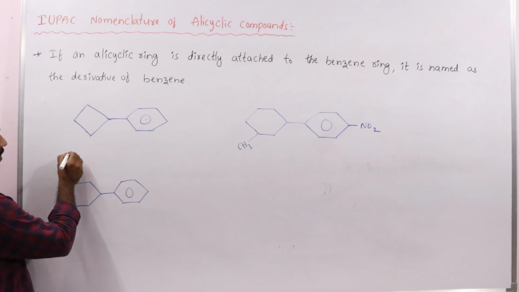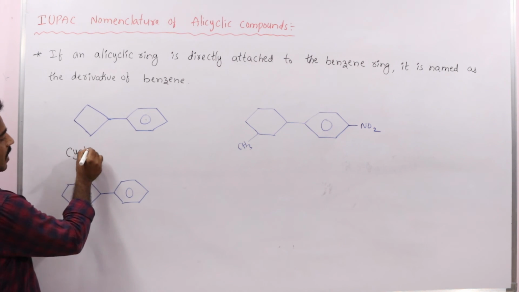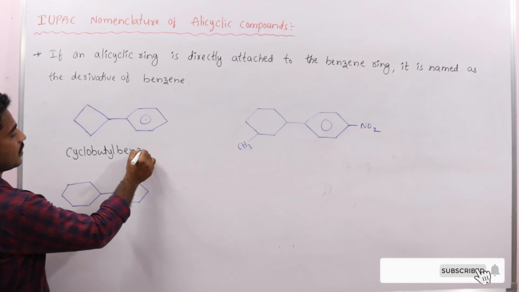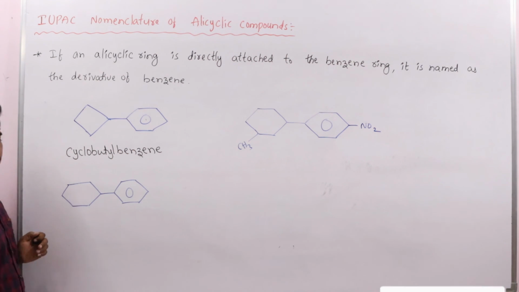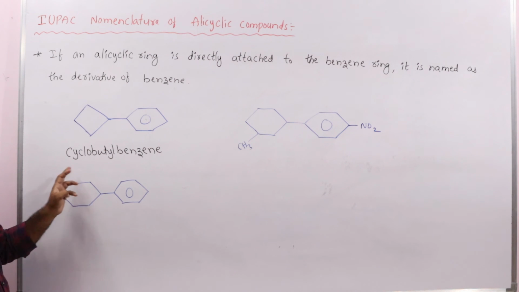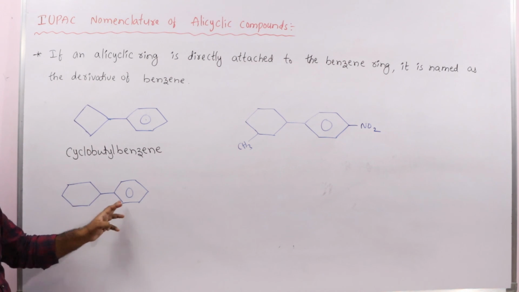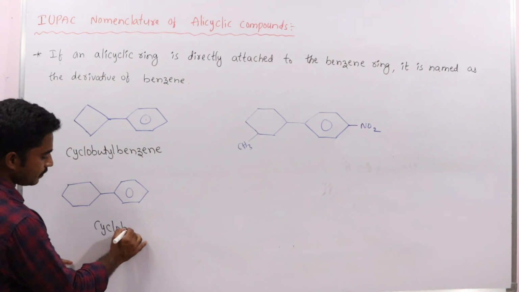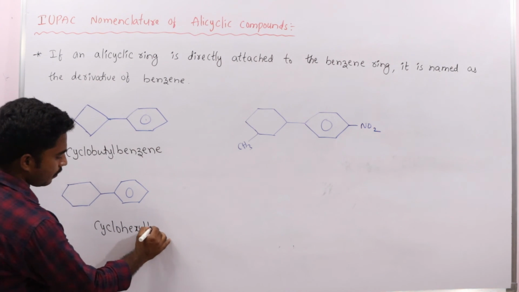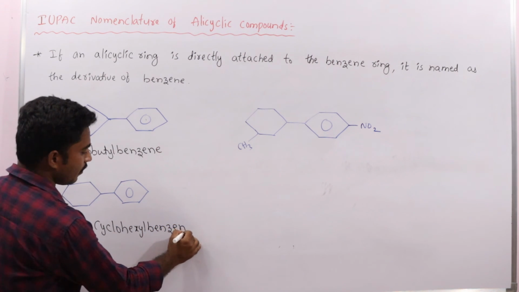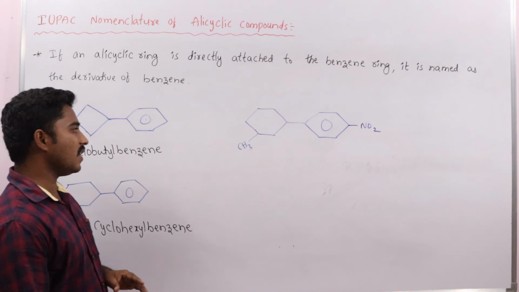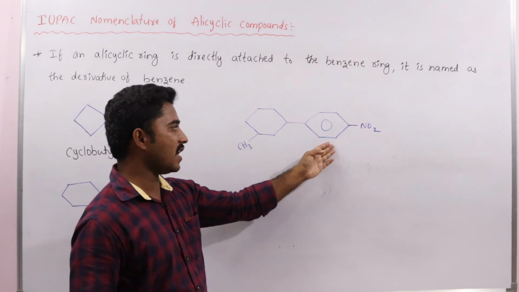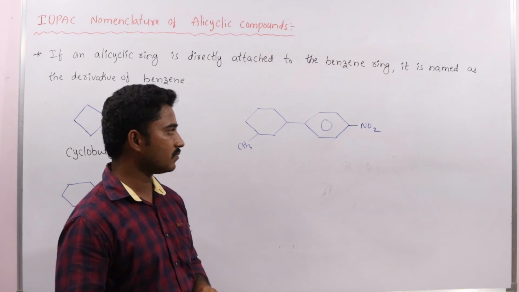Cyclobutylbenzene. So let us see in this, the cyclohexane ring is directly bonded to the benzene. That's why we should write cyclohexylbenzene.